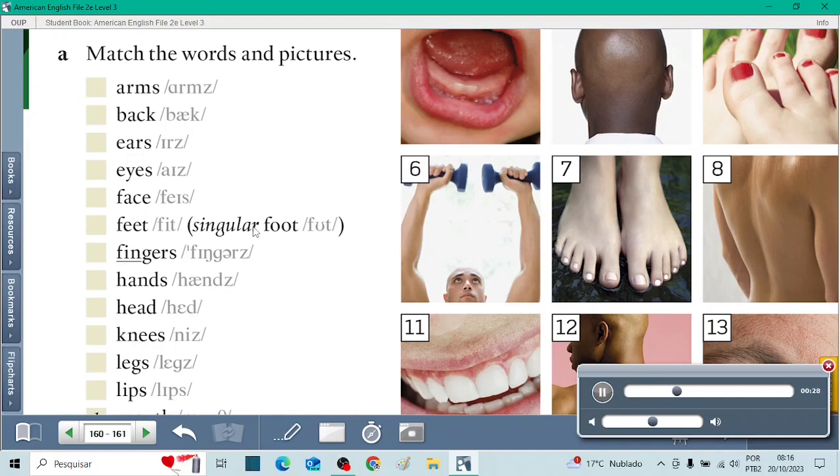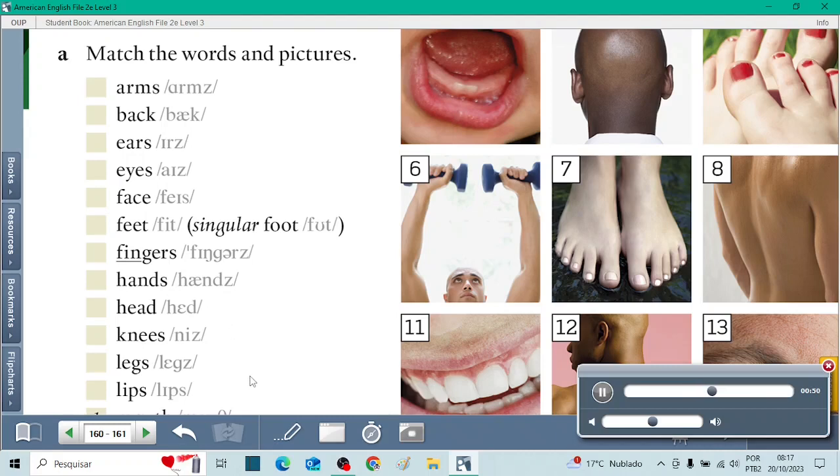Face, 7. Feet. 14. Fingers, 5. Hands. 2. Head, 19.